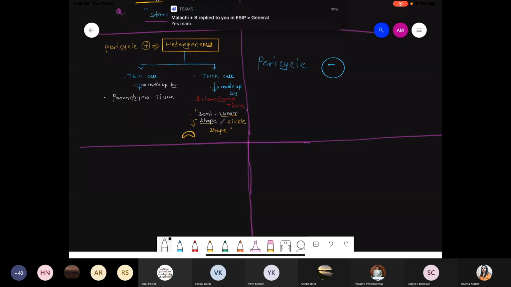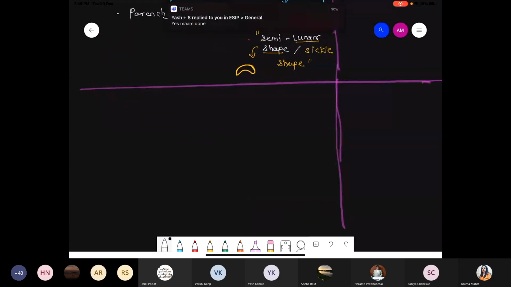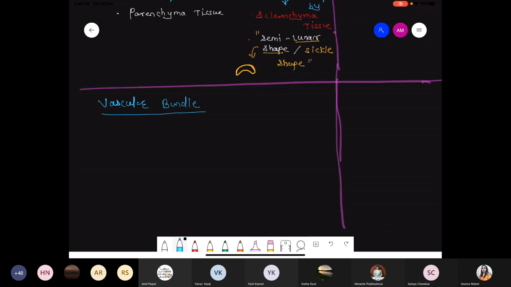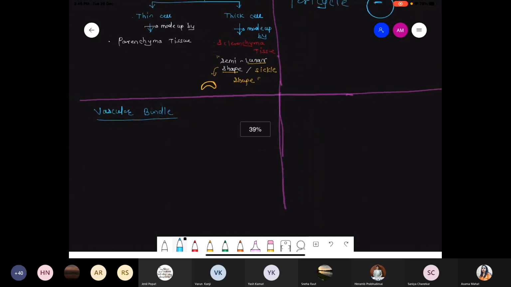चलो, next part we are talking about with respect to vascular bundle. Second last point. So vascular bundle, next part. In case of the vascular bundle, you know very well the major difference is open and closed.